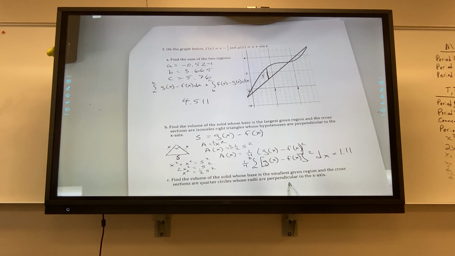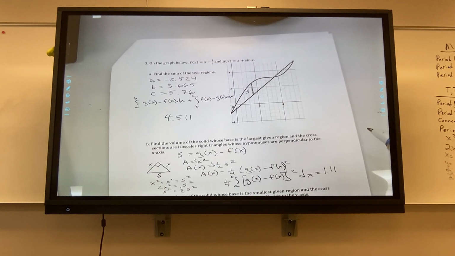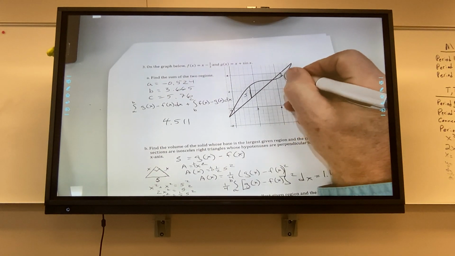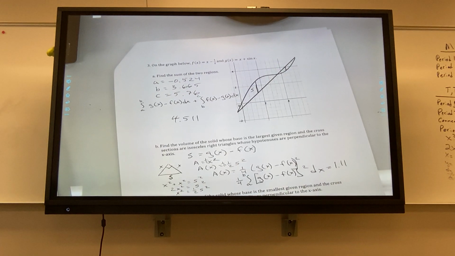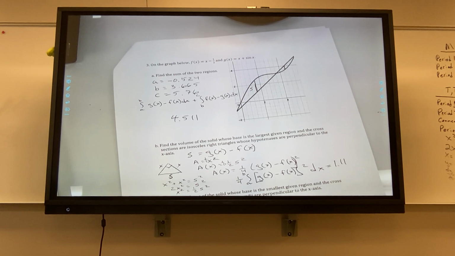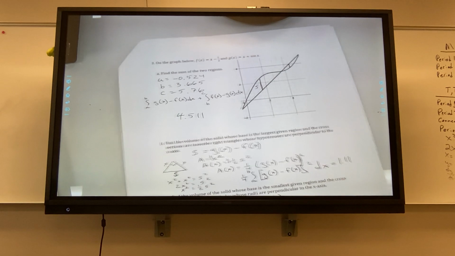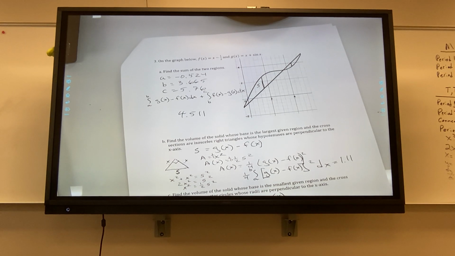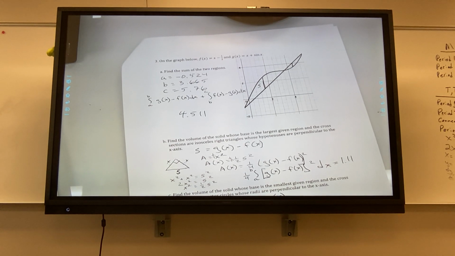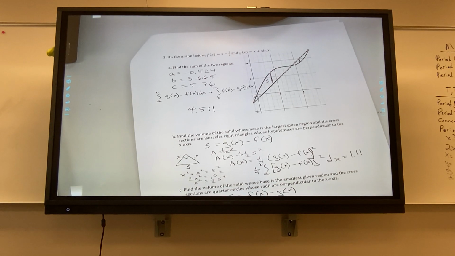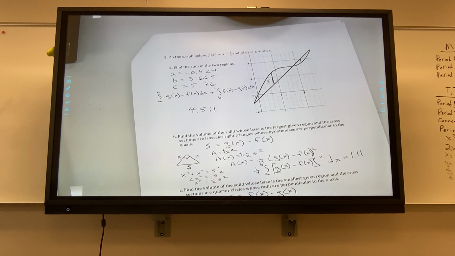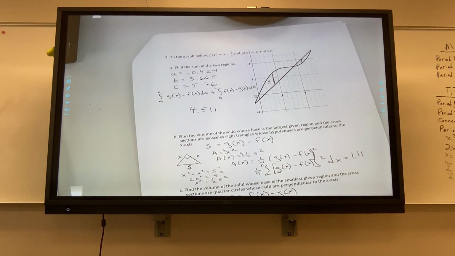And so then this one is the smallest region and they're quarter circles. So I said S is equal to f of x minus g of x. So I draw my cross section. There's a quarter of a circle. I said this is S, so that's also my radius. And the area of a quarter of a circle is 1/4 pi r squared.